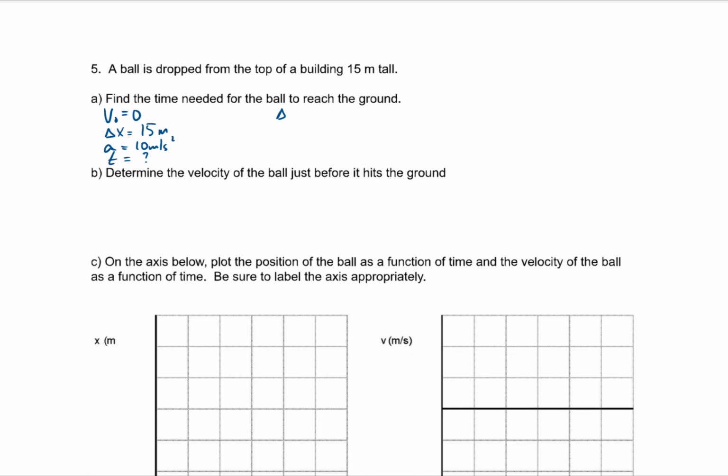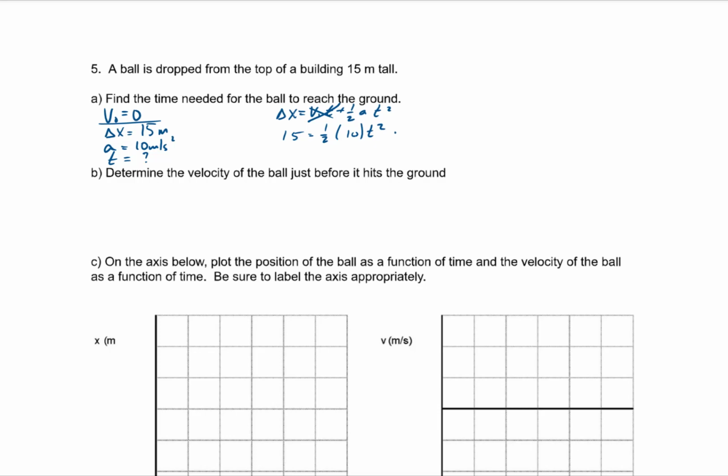So I want the equation that has all 4 of those things in it. That equation is delta x equals v0t plus 1/2 at squared. Again, the initial velocity is 0, so that goes away. And so I'm going to plug everything in. 15 is equal to 1/2 times 10 times t squared. So what I want to do to solve for time is to get time on top and by itself.